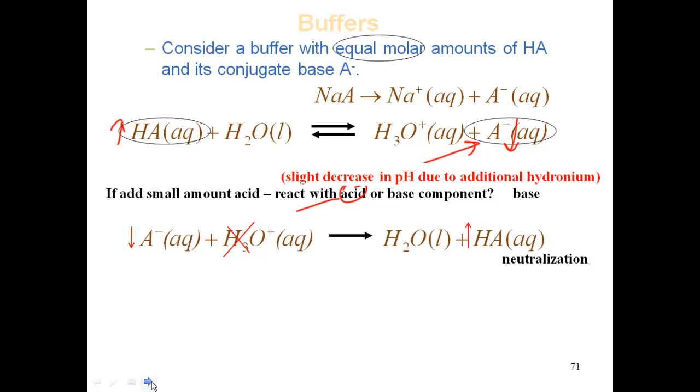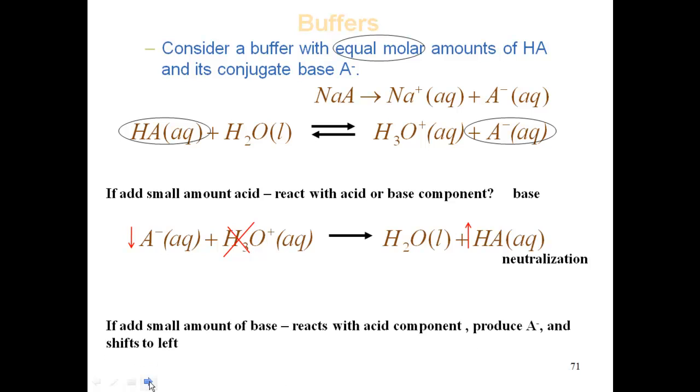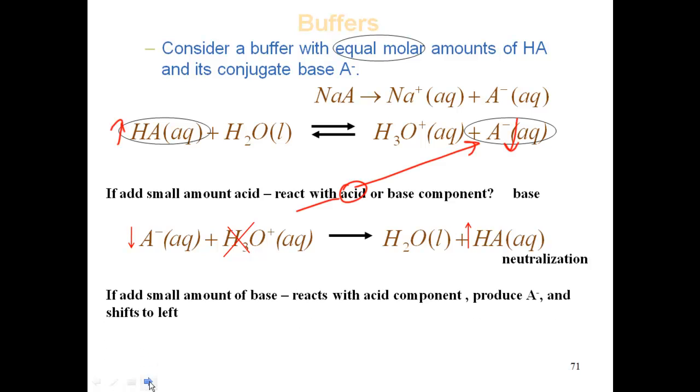Now what happens if I add a base component? What if I add any base to this reaction? Which component is it going to react with? Well, since I'm adding base, it's going to react with the acid component, which means it's going to react with HA. In a similar process, the amount of base that I add will be consumed.